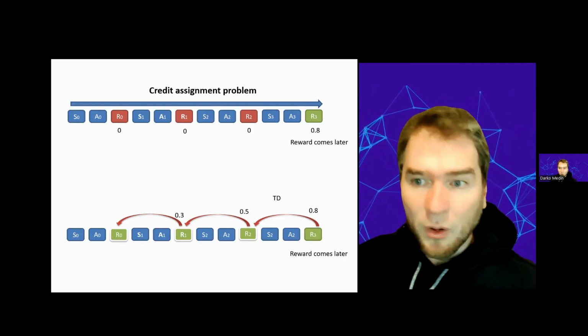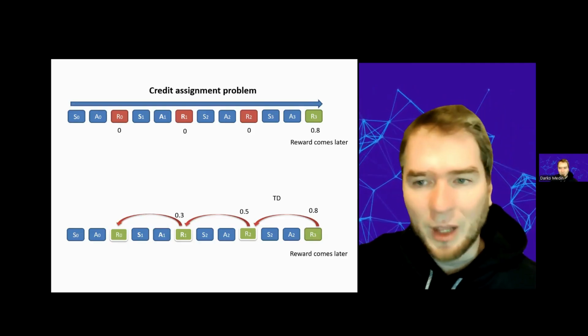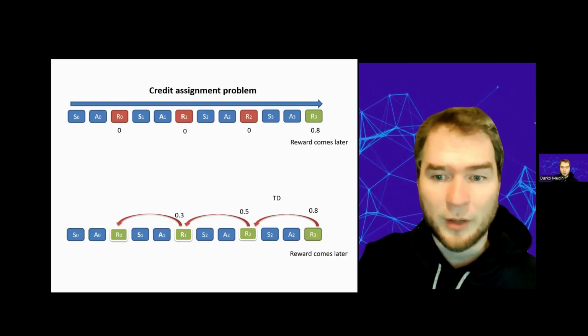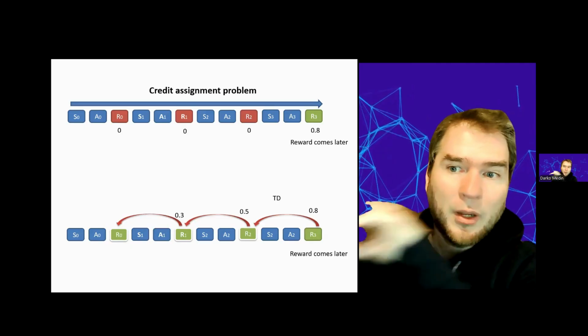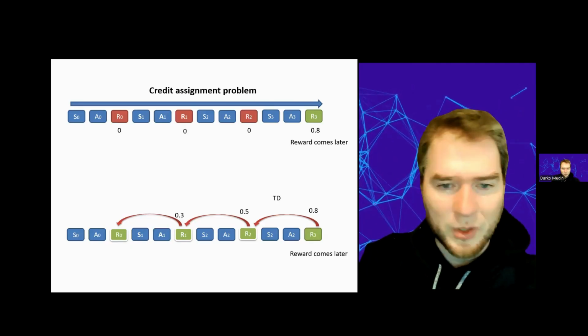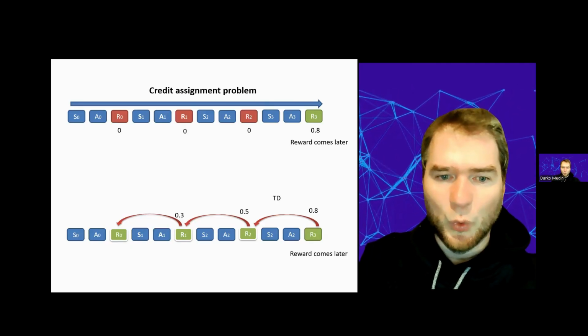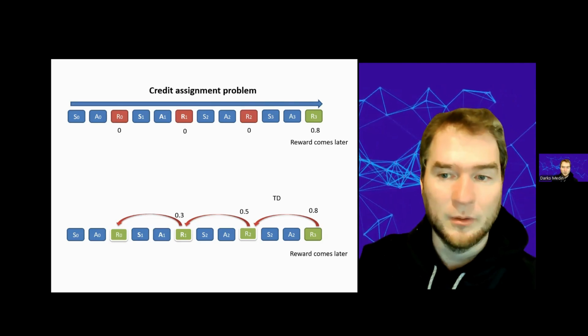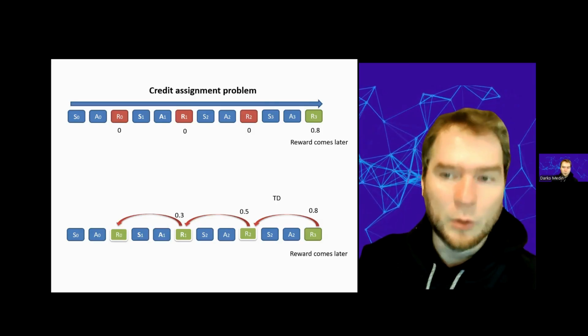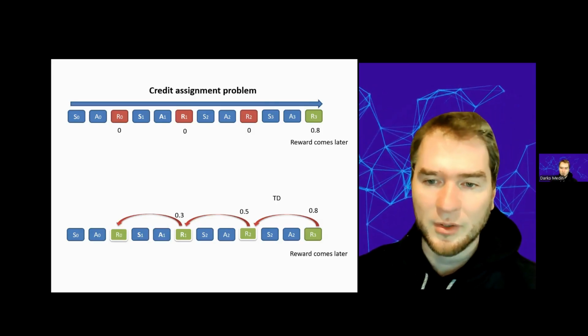Previous rewards are 0, so we clearly didn't assign them yet, and we need a creative way to do that. So the reward comes later, and we need to propagate the reward backwards in time to reward the actions that led to the final solution, to the final solution of the maze, for example, in this case.